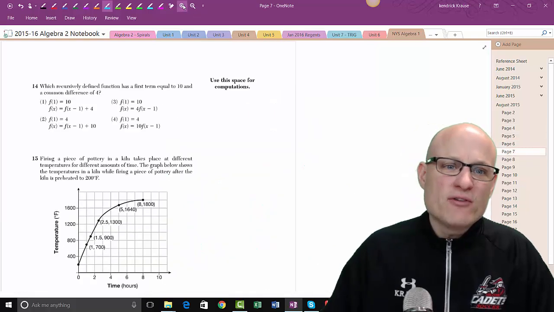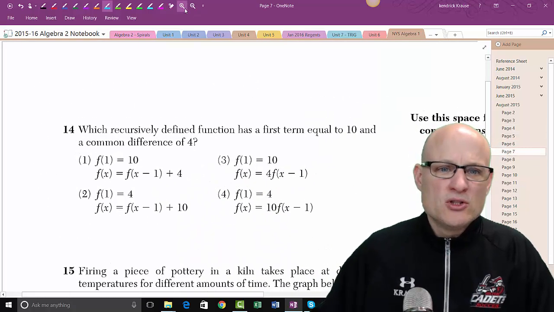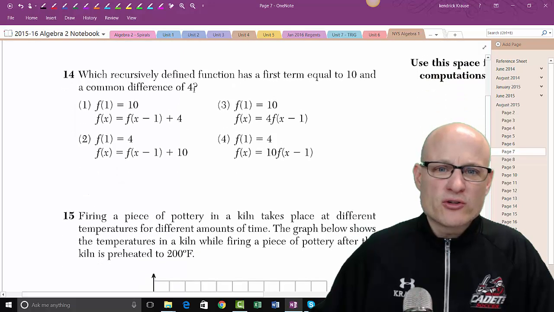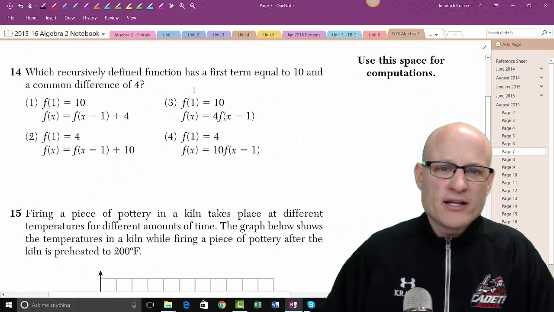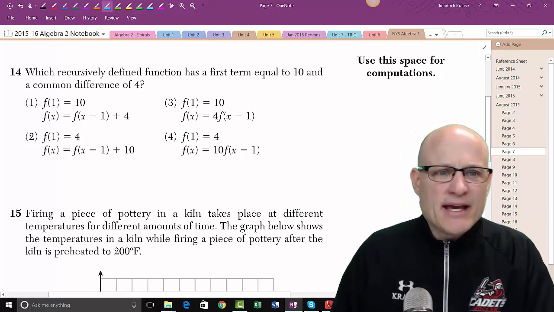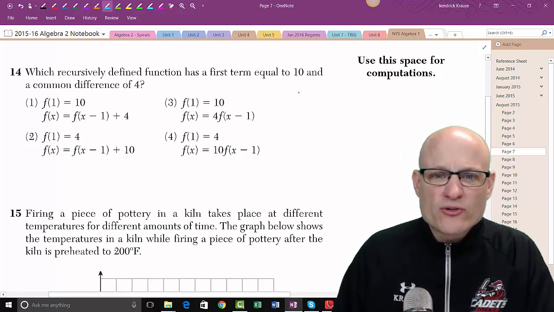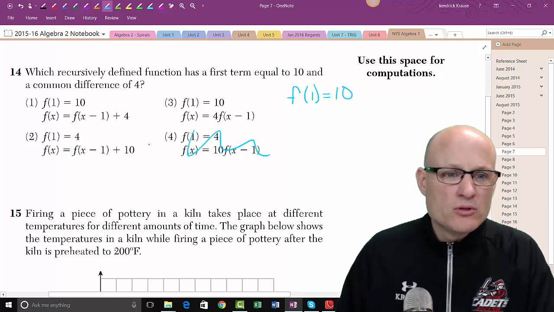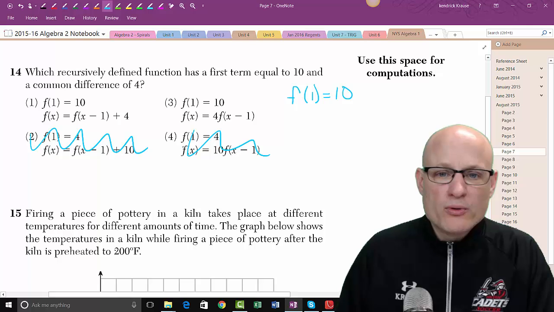Let's go on to page 7. Which recursive function has the first term equal to 10 and a common difference of 4? So what you'll see is f of 1, first term, equals 10. So we're looking for that. Nope. And nope.